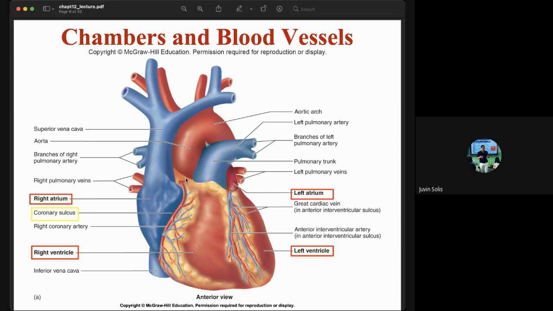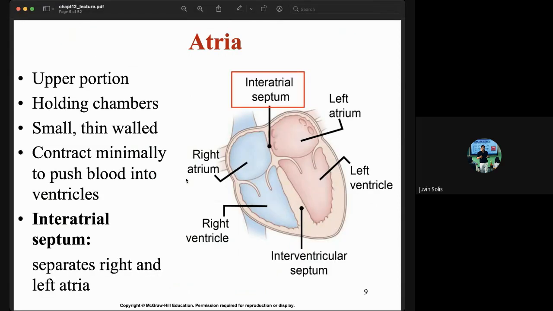Now let's talk first about your atria. This is the upper portion, the holding chambers, small, thin-walled, and they contract minimally to push blood into your ventricles. As you can see here, we have two atria, the right and the left, separated by your interatrial septum.